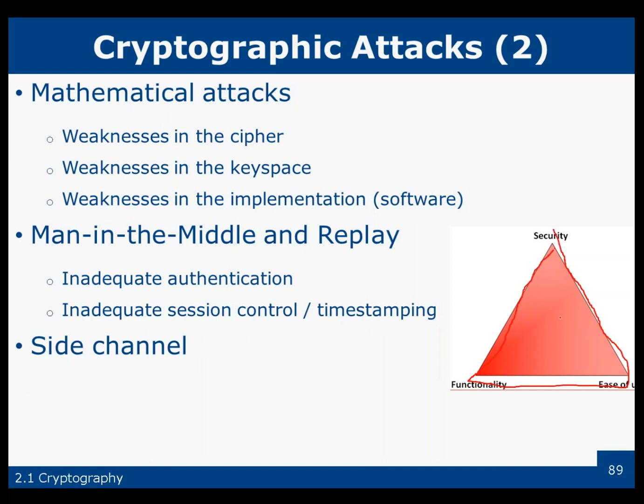What we generally are going to have in security is something in the middle. It depends on what we need for our specific purpose, but that kind of gives you an idea. If it's easy to use, it's not going to be very secure. If it's secure, it's not necessarily going to be easy to use.